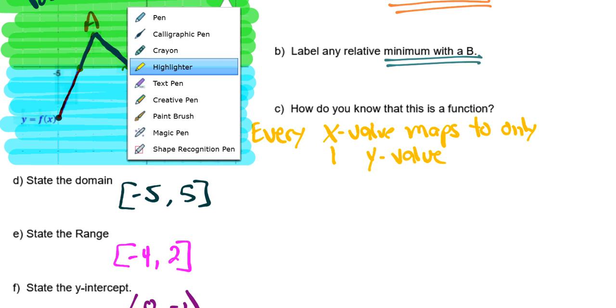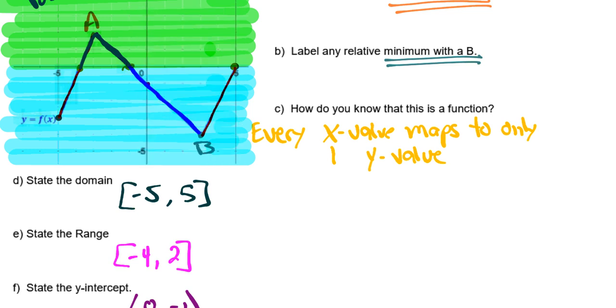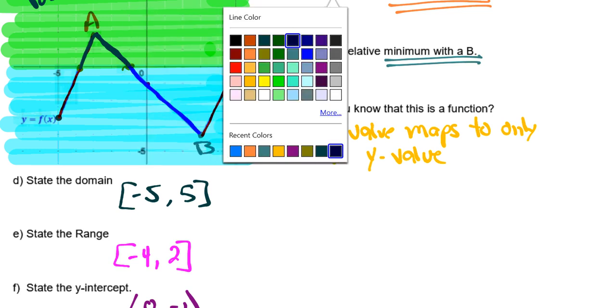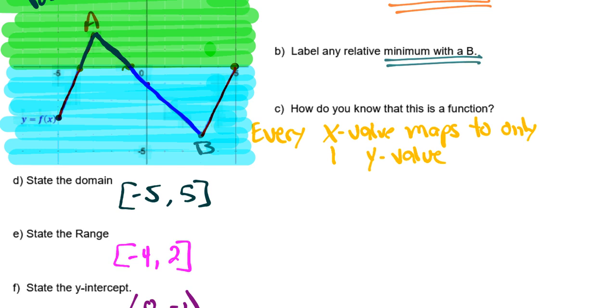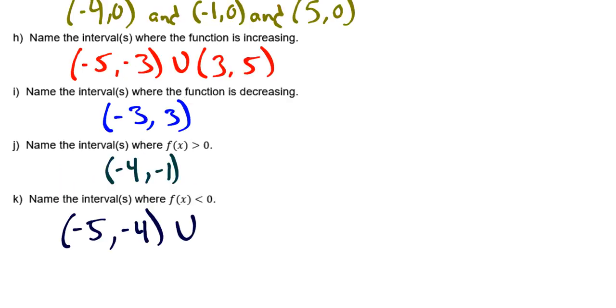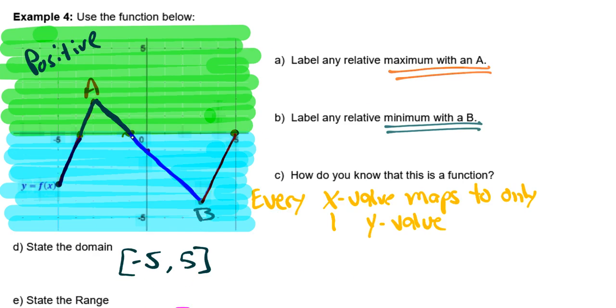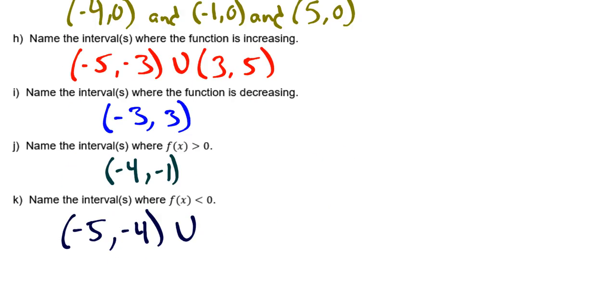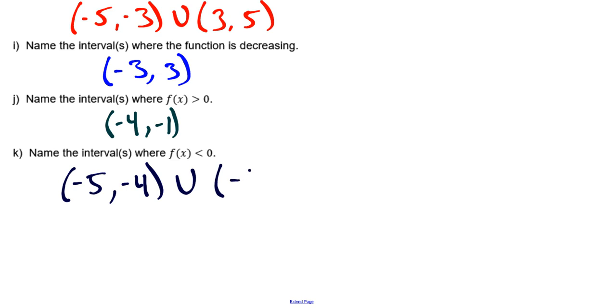So in interval notation, based on the y values, my graph is negative from -5 to -4, negative again from -1 to 5. So the rest of the graph is below the x-axis, and that's where our graph is negative, where it's below the x-axis.